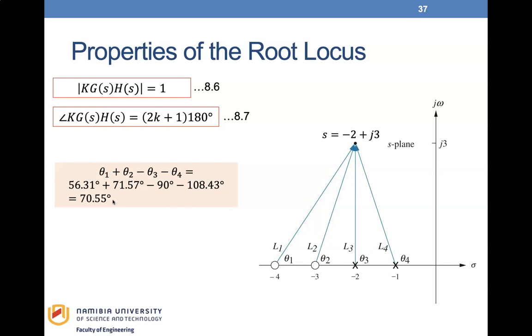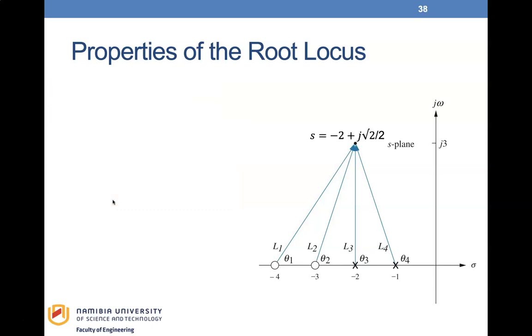If we repeat the same calculations for a point s equal to -2 + j√2/2, the angle will add up to 180 degrees, which means this point is on the root locus for some value of gain k.